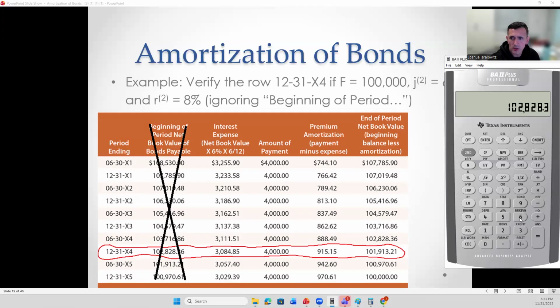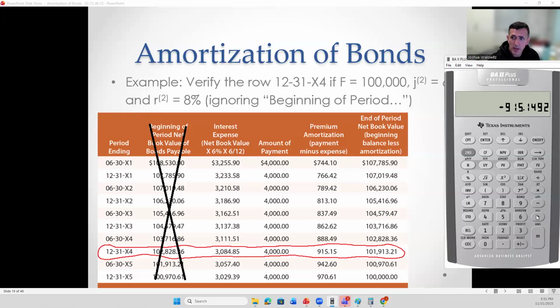102,828.36 times 0.03. 3% of my prior outstanding balance is 3,084.85. 4,000 minus this. Yeah, pay off interest first: 915.15.